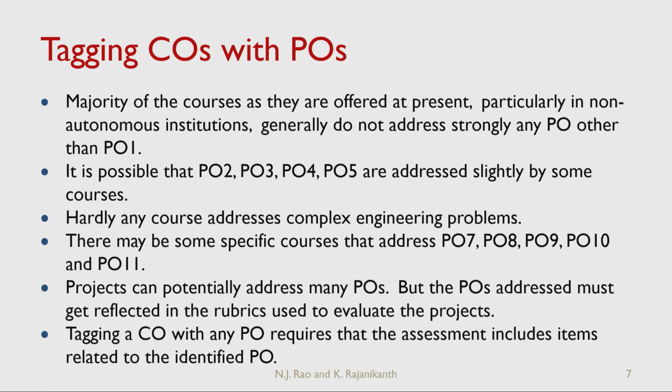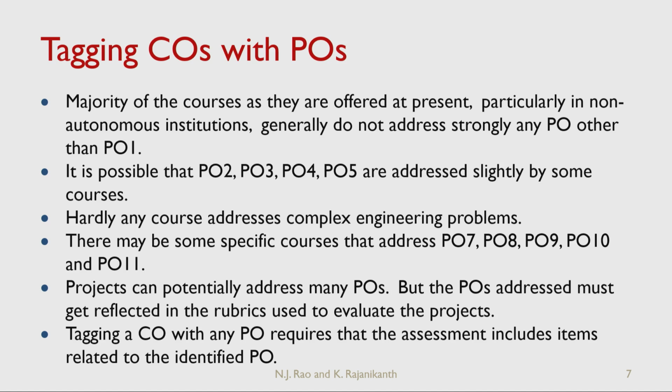These outcomes probably are addressed by some specific courses in some curricula. Projects can potentially address many POs, but the POs addressed must get reflected in the rubrics used to evaluate the projects. Tagging a CO with any PO requires that assessment includes items related to the identified PO.